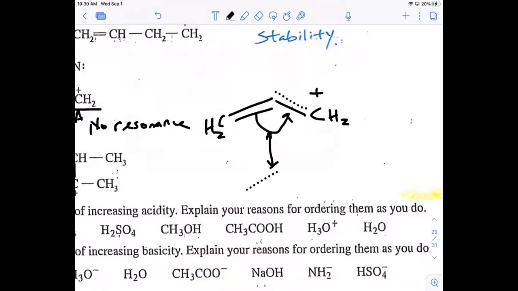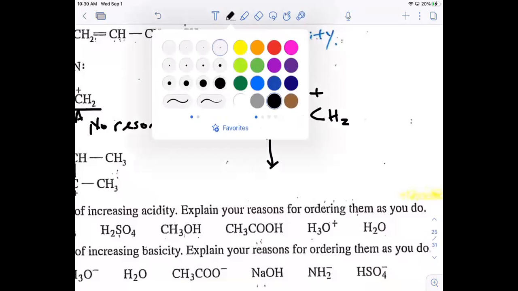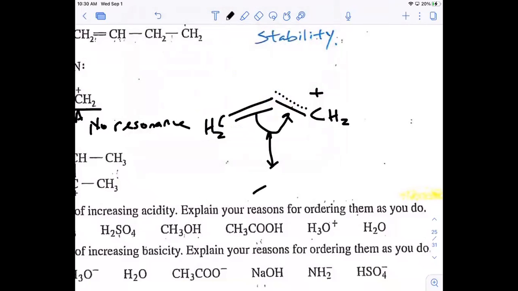So then the new structure is going to look like this: CH2, and then this is also CH2, but the plus charge is going here. So for that allylic cation, the pi bond just shifts from one side to the other side.